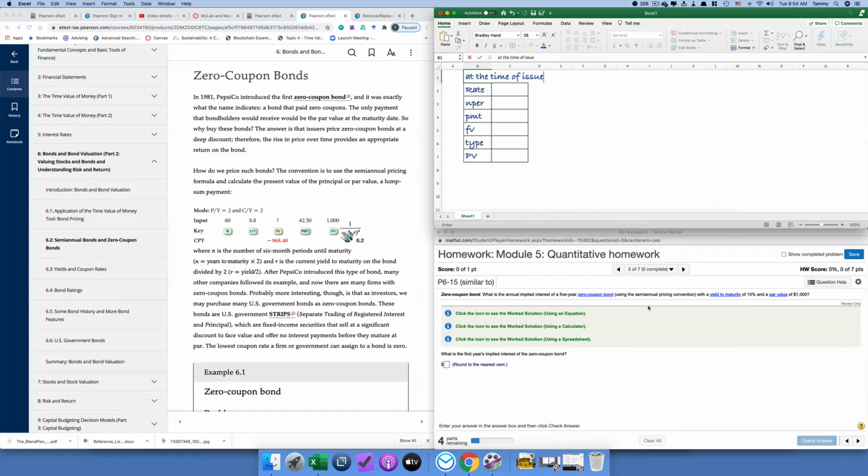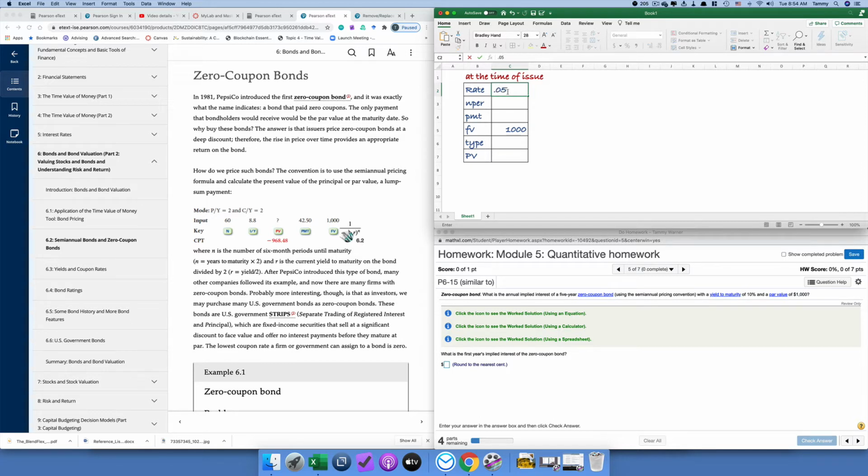So my example is probably different numbers than yours. We've got a future value of $1,000, right? We have got a yield to maturity of 10%, but it's semi-annual, right? So that's 5%.